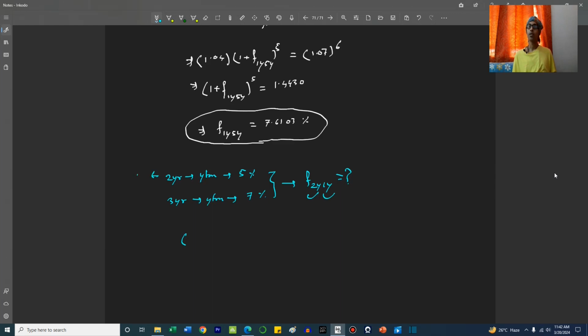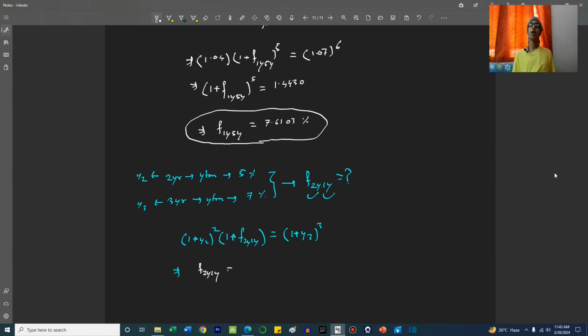So this becomes, if we call this Y2 and we call this Y3, (1 plus Y2) square into (1 plus F2Y1Y) is equal to (1 plus Y3) whole cube. From here we can easily put in the values and find out the value, right?